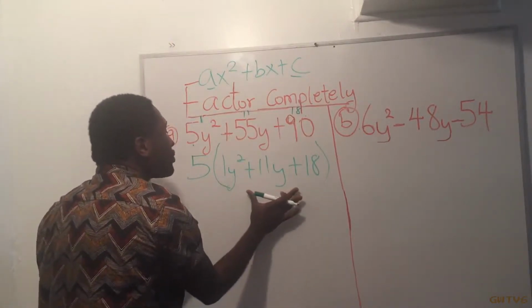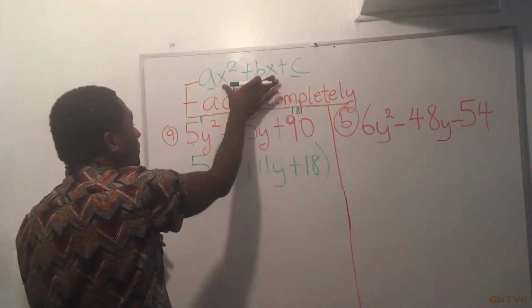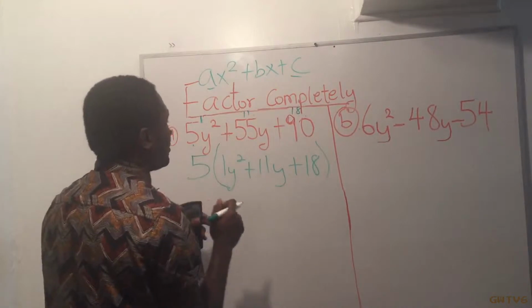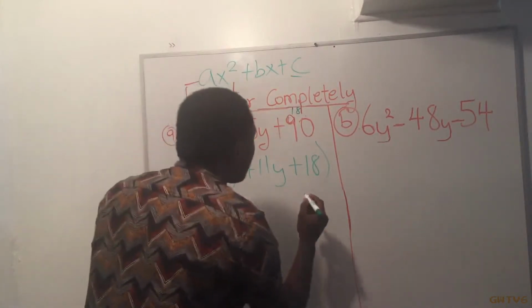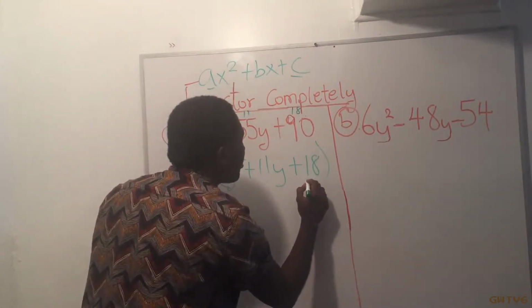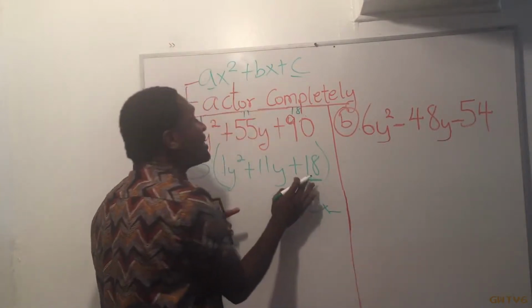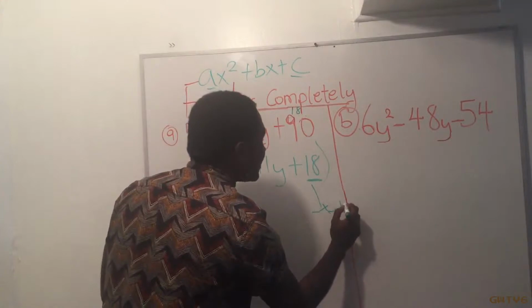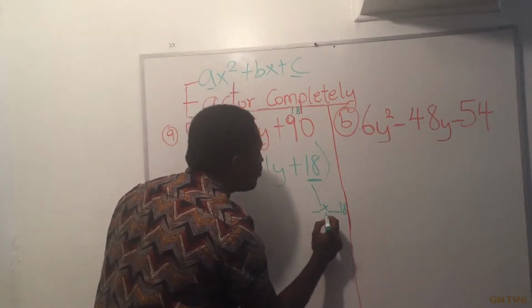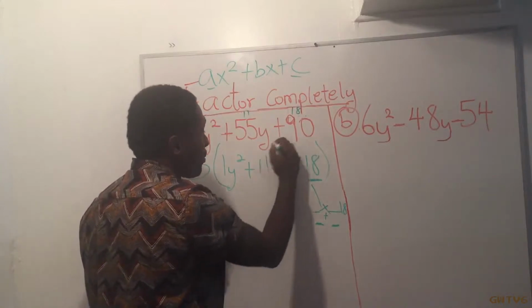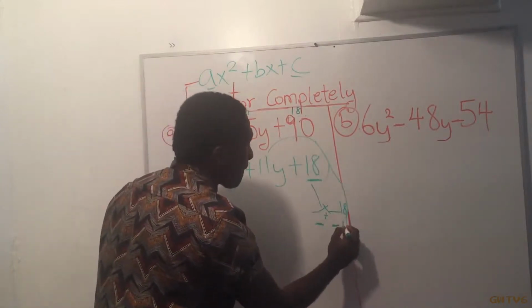And whenever I'm factoring, and it's in this form, but the leading coefficient is 1, it's easy. All I'm doing right now is looking for two numbers that if I multiply, I should get this number at the end, which is 18, but when I add those same two numbers, it should give me the middle number, which is 11.